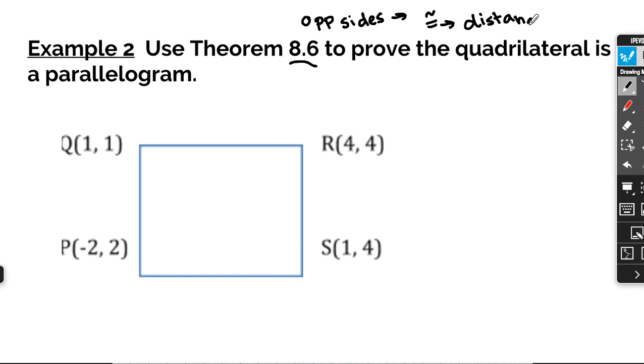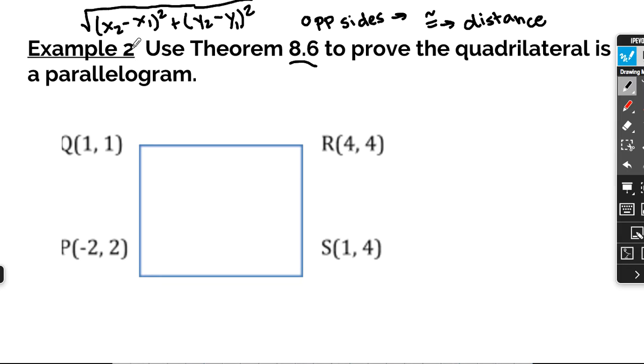So we can use the distance formula, which says that the distance is the square root of x2 minus x1 squared plus y2 minus y1 squared. Remember that this formula comes from the Pythagorean theorem.